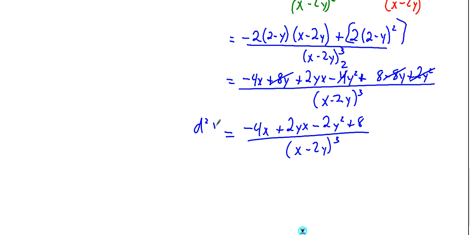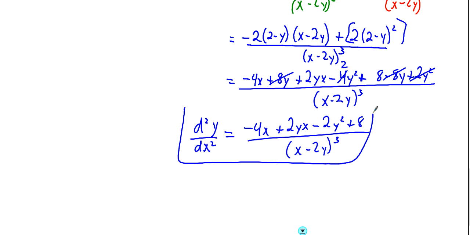And that is our second derivative. And I know you could factor out a 2, and there's probably something else that we could do, but I'm going to leave it just like that for right now. That's how I need it. Simplified, nice, neat. If I was going to be taking the third derivative, that's what I need.